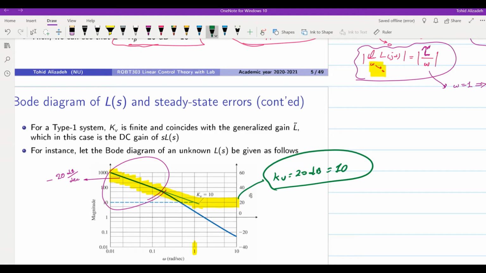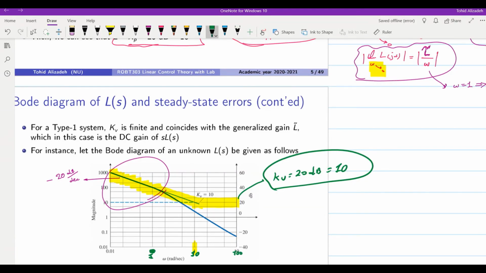So this is an example. We might have an example in which I change the x-axis to 10, 100, 0.1. This could be a second example. We can see that ω equal to 1 in this example lies in the first part of the Bode plot, and as a result we can directly find the value of the amplitude of L(jω) at ω equal to 1.